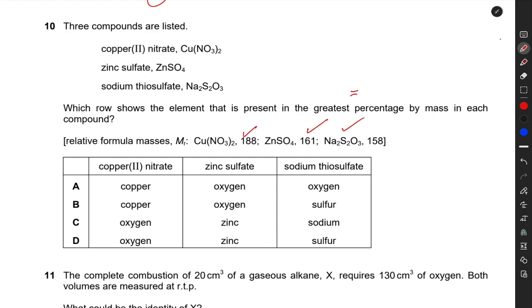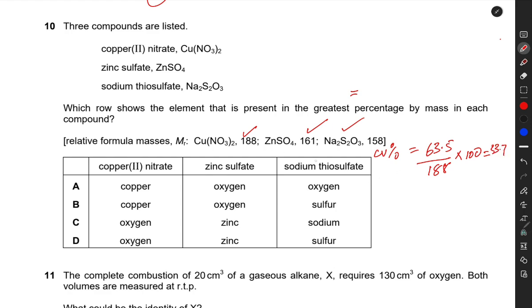And we have to calculate copper, oxygen, sulfur, sodium. So let's calculate. Copper percent: copper is 63.5 divided by 188 into 100. So this is equal to 33.7.